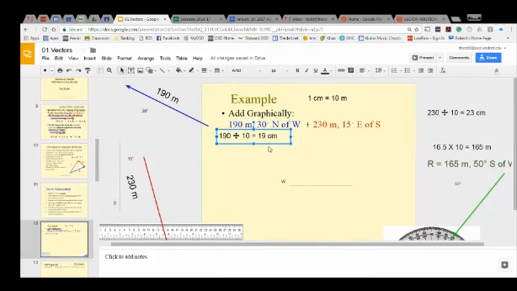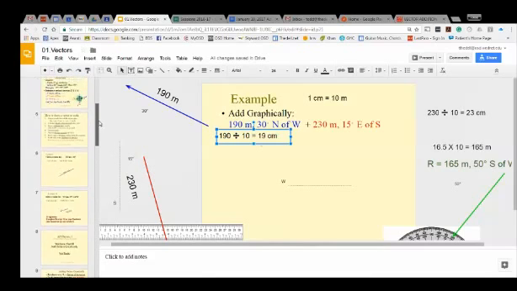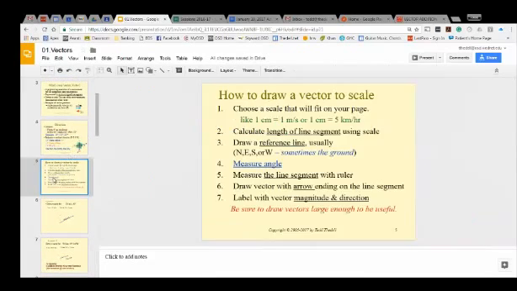It gives me a 19 centimeter vector. If you remember from the steps that we did for drawing vectors, we have to draw a reference line. So we've already calculated the length of the vector, and then we did the reference line.